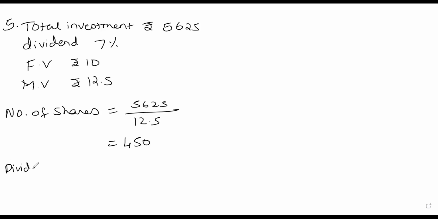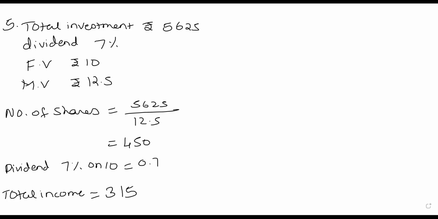Dividend is 7% on 10 rupees, that is 0.7. So total income will be 315. This is annual income. Samir's income from this investment is 315.